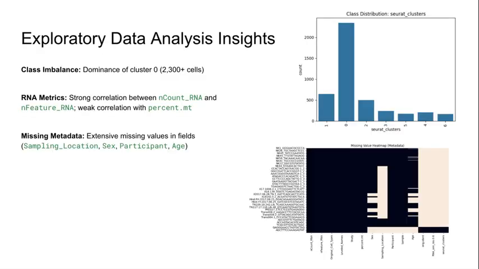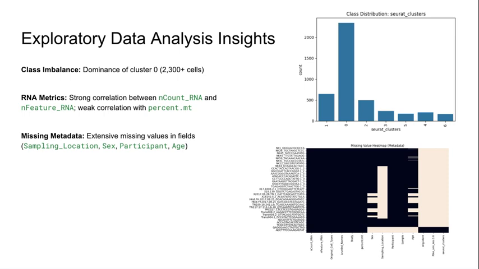During exploratory data analysis, I noticed a few things. First, I built a distribution using the Seurat clusters as my class distribution variable, and I found that cluster 0 dominated with over 2,300 cells in that cluster. This imbalance would absolutely bias the model.